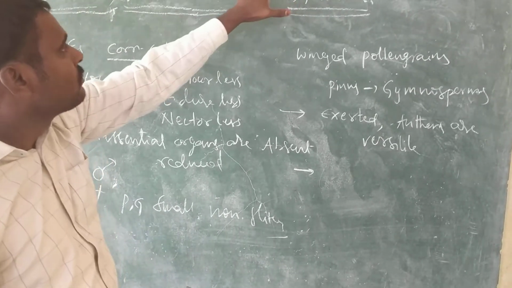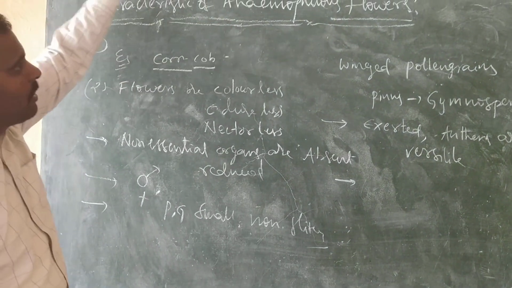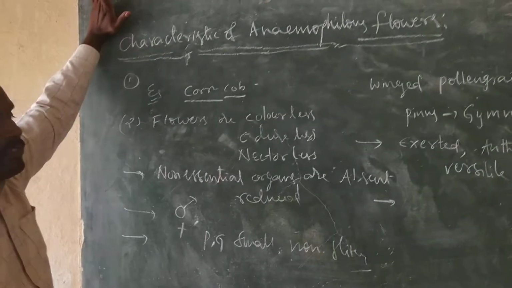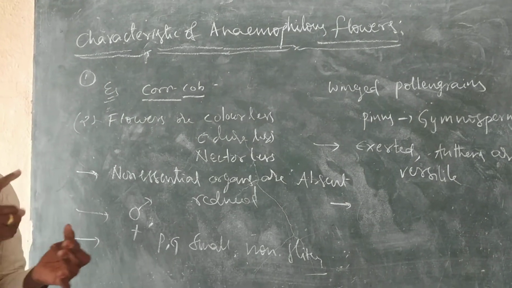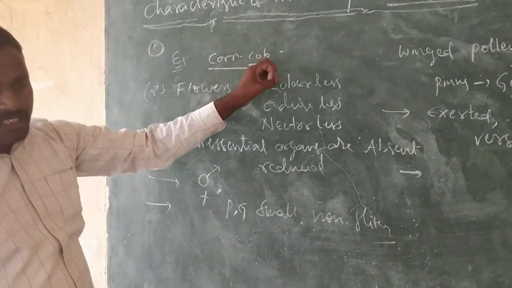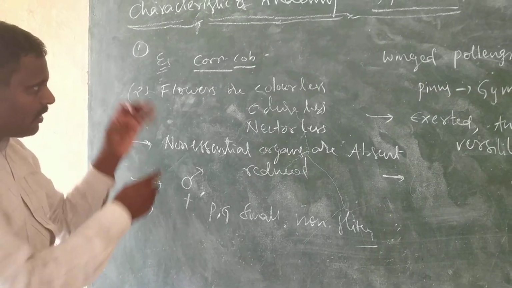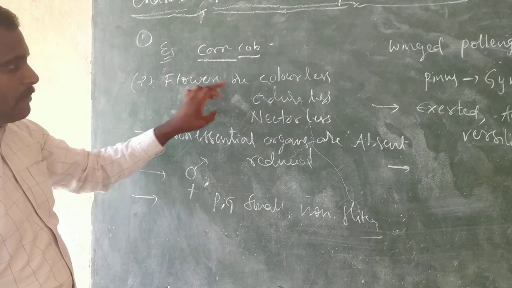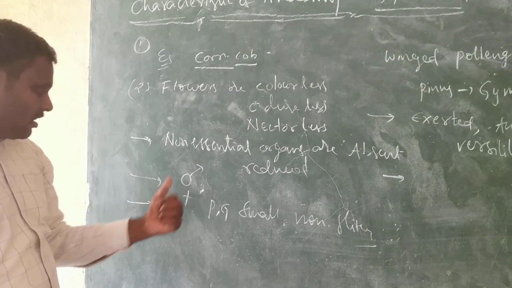So these are all characteristics of anemophilous flowers. Within one minute we will revise. The flowers are small, inconspicuous, and generally packed in the inflorescence. The best example is corn cob, where the bunch of silky hairs are stigma and style, which wave in the air to trap the pollen grains. Flowers are colorless, odorless, and nectarless. Non-essential organs are absent or reduced.